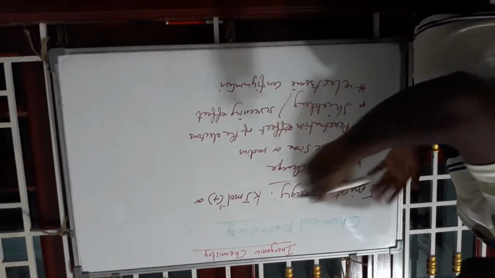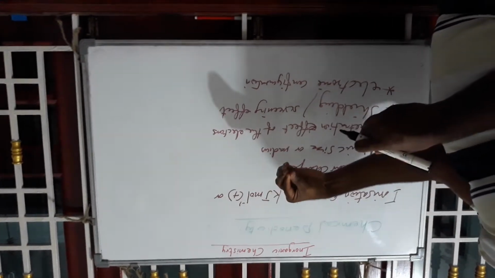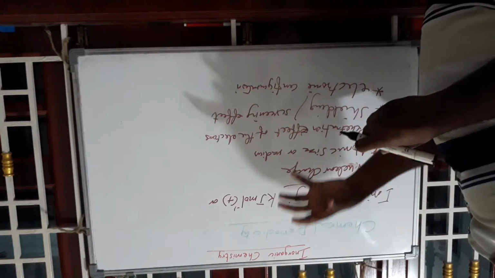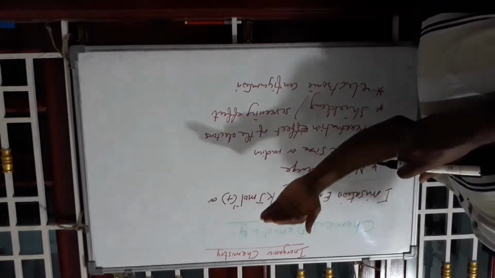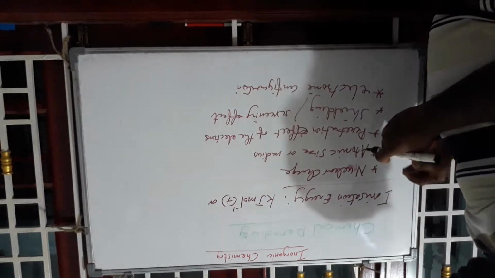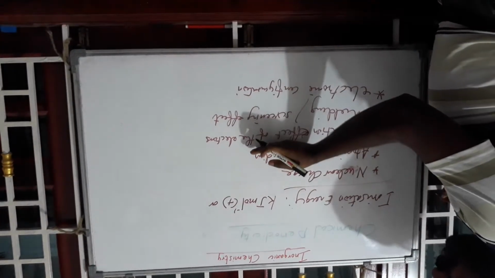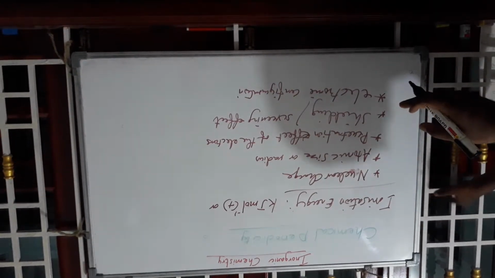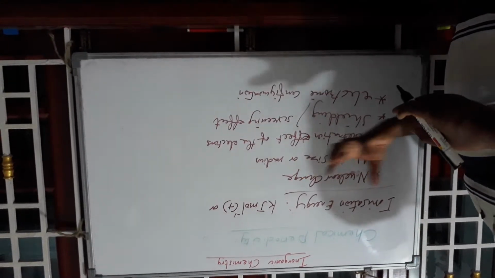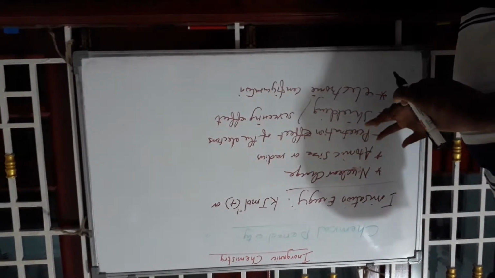Across the period left to right, the atomic number increases, the effective charge also increases and the size decreases, so ionization energy increases. As effective nuclear charge increases, the size of the atom and the radius decrease, so ionization energy increases.